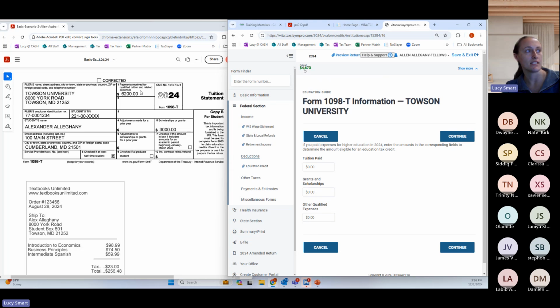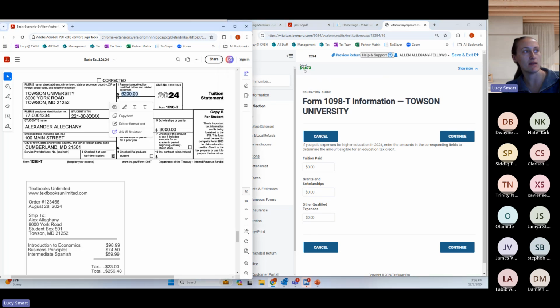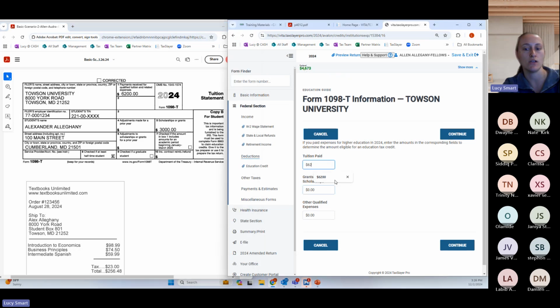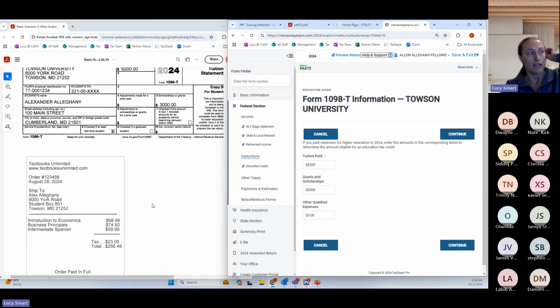And now we need to actually enter the expenses. Tuition paid. That's going to be box 1 right here. This is payments received for qualified tuition and related expenses. So we'll put 6,200. Grants and scholarships. That's box 5, 3,000. And then other qualified expenses. So we learned in the interview that Alex had to buy some textbooks for class, and he has the receipt.